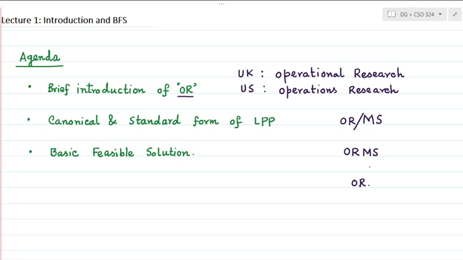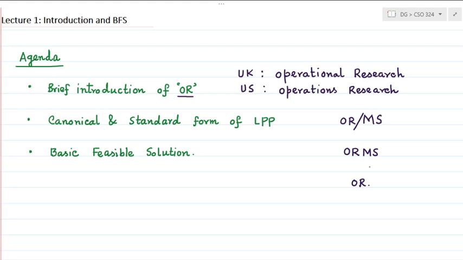And as I mentioned, operations research tools are not from any one discipline. Operations research takes tools from different disciplines such as mathematics, statistics, economics, control theory, several engineering fields, even psychology, all these things.